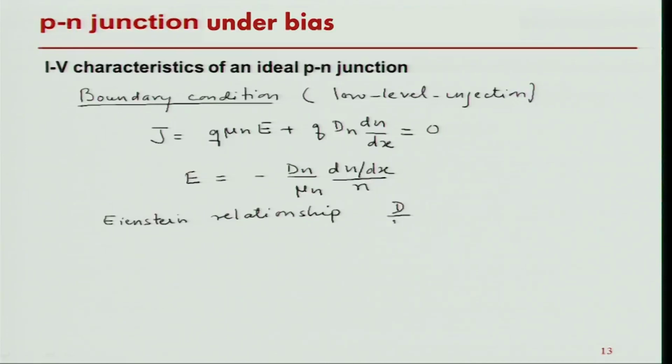The diffusion constant and mobility are related by the constant kT by q, the charge, and if I use that, all I am saying is that the field is given by kT by q times dn(x)/dx over n. Now, we already know that field is nothing but the negative differential of the potential, hence I can integrate this equation to relate it to the potential.